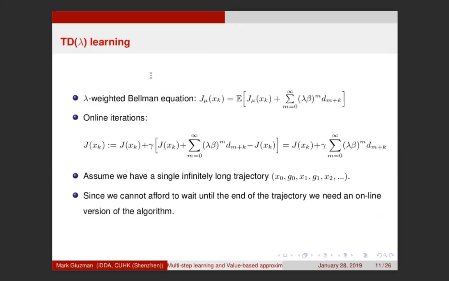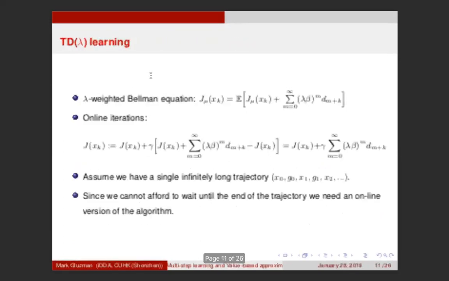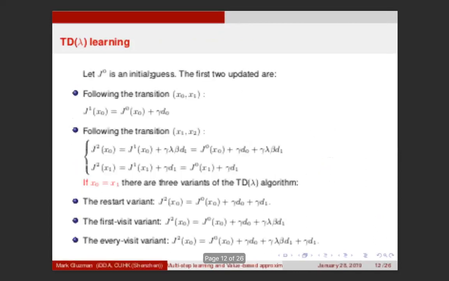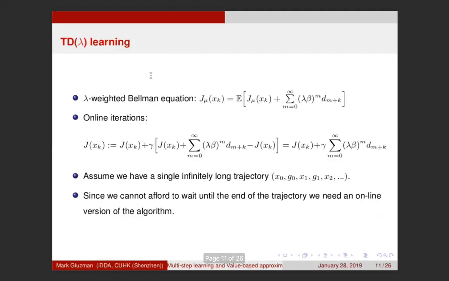If we want to calculate g mu x k when m is close to infinity, we need to have a trajectory until m, until state x_{m+k+1}. Basically, we need to make m plus k plus 1 time steps. Of course, it is very long to wait until infinity. So how can we calculate this sum iteratively?